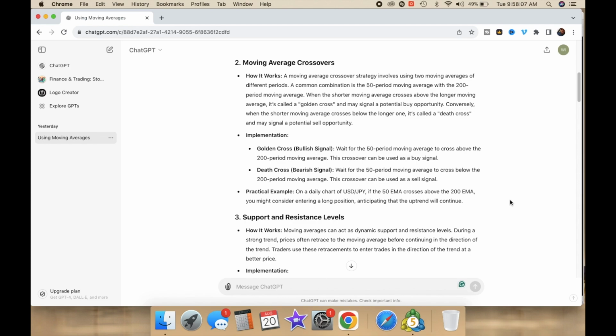I actually did not know that, that's something I'm just now learning myself. A golden cross may signal a potential buy opportunity. Conversely, when the shorter moving average crosses below the longer one, it is called a death cross and may signal a potential sell opportunity.